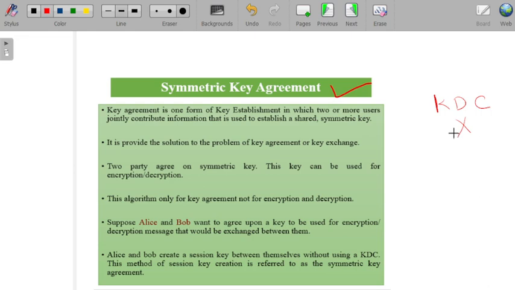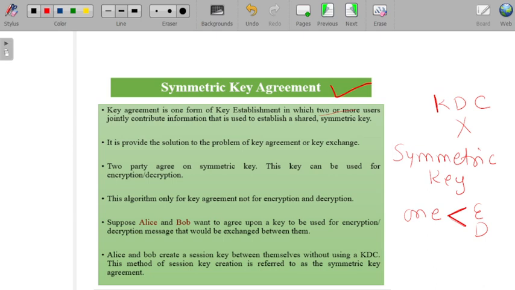So what do you mean by key agreement? Key agreement is where two or more users jointly contribute information to establish a shared symmetric key. Why is it called a symmetric key? In a symmetric key, we create only one key for both encryption and decryption.